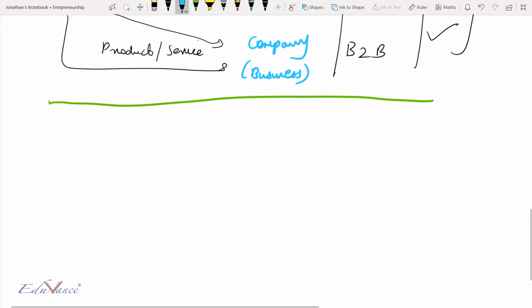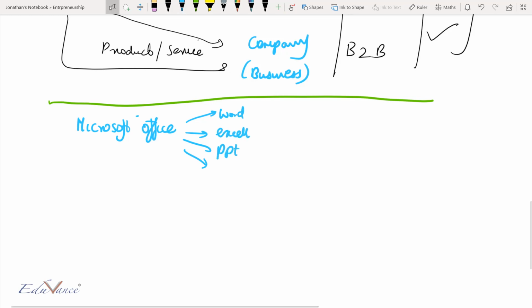You must have heard of this famous software called Microsoft Office. Now, Microsoft Office actually consists of multiple softwares like Word, Excel, PowerPoint, OneNote.